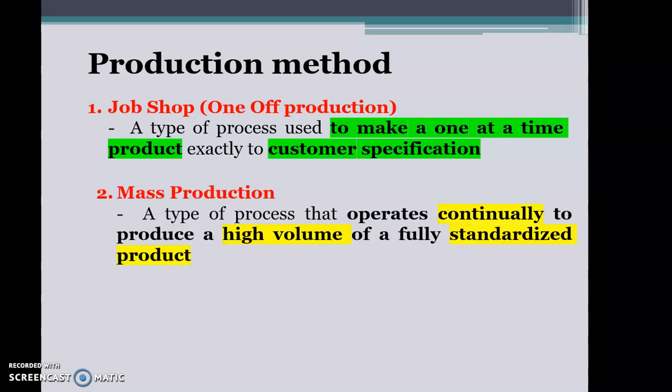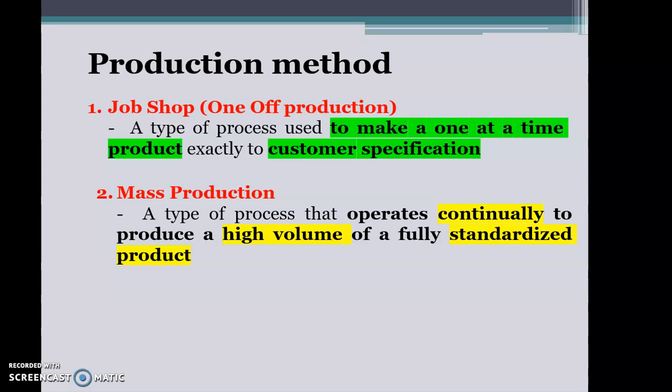The other production method is mass production. When we talk about mass, it will definitely involve a high volume. So it's a type of process that operates continually to produce a very high volume of a fully standardized product. Standardized product means that most of the products look the same and are almost identical.